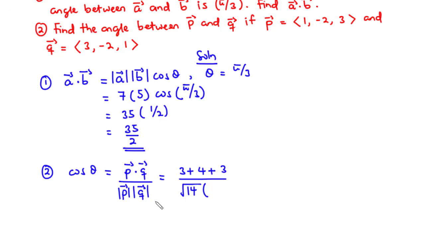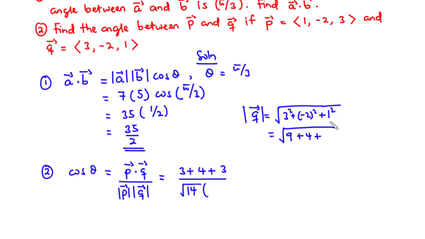Now let's do the same for the magnitude of vector Q. For the magnitude of vector Q, we have the square root of 3 squared plus -2 squared plus 1 squared. 3 squared is 9. -2 squared is 4. 1 squared is 1. 1 plus 9 is 10, and then 10 plus 4 is 14.